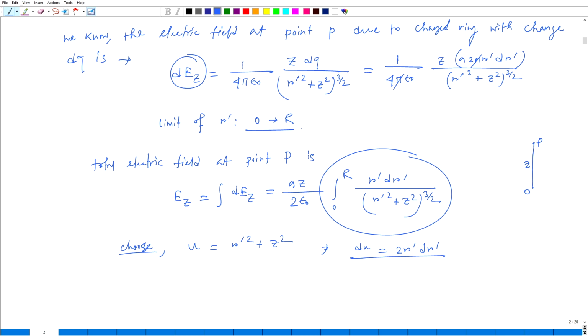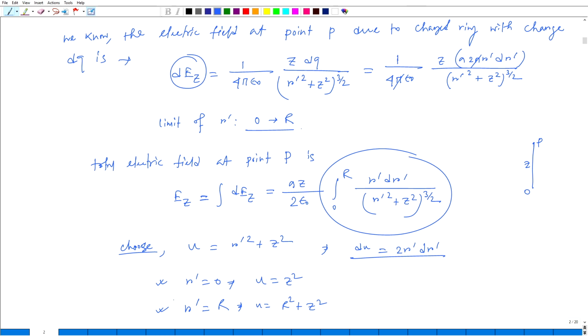And now what is the limit? When r prime equals 0, u is z square, and when r prime is r, u is r square plus z square.